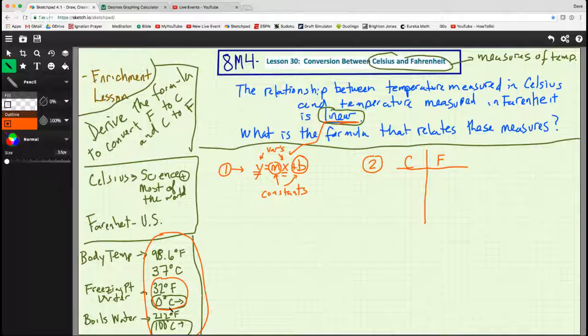If we put a 0 in for Celsius, we better get out a 32 for Fahrenheit. And if we put a 100 in for Celsius, it better give you 212 Fahrenheit. So remember, this is our freezing point for water, and this is our boiling point.